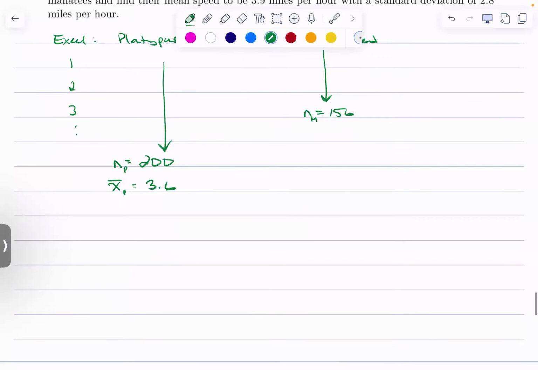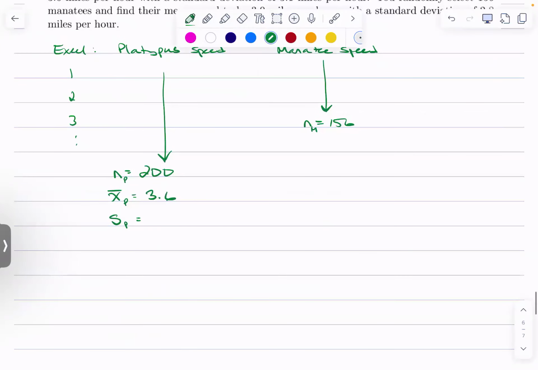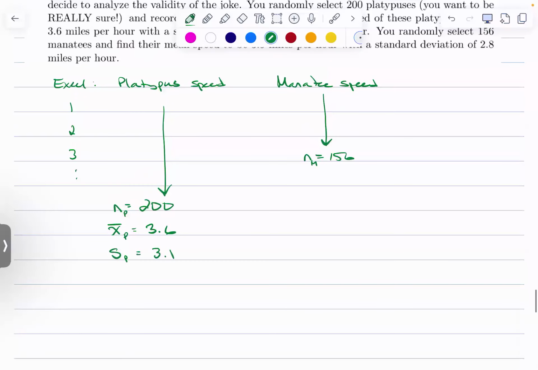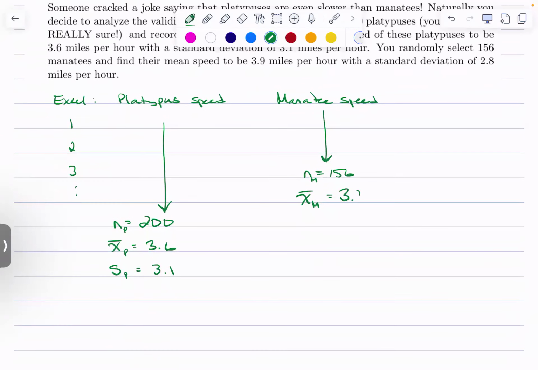The standard deviation, stdev dot S, I think it is. Right. So the sample standard deviation of the platypuses was kind of high, 3.1. Right. A lot of spread around that 3.6. Same thing with the manatees, but now you have a sample of size 156, right? And so then X bar for the manatees, the mean speed for the manatees was 3.9. And the standard deviation of the speed of the manatees was 2.8.